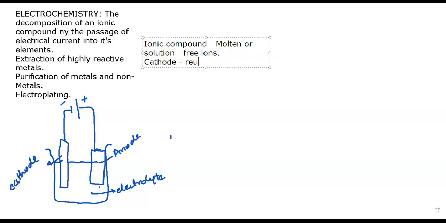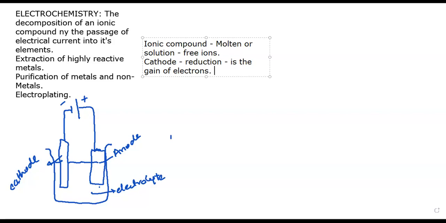Reduction, as we remember, is the gain of electrons. I'm going over this quickly because we have studied all of this before. At the cathode, cations are attracted and gain electrons. So at the cathode, it is always reduction.